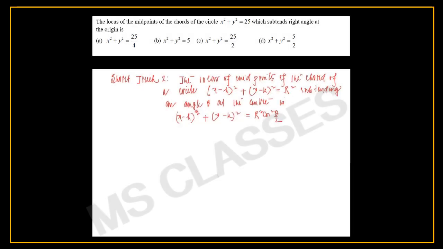Here it is given that the equation of the circle is x square plus y square equal to 25, that is 5 square. Now, if we take the circle, here we have a particular chord AB.